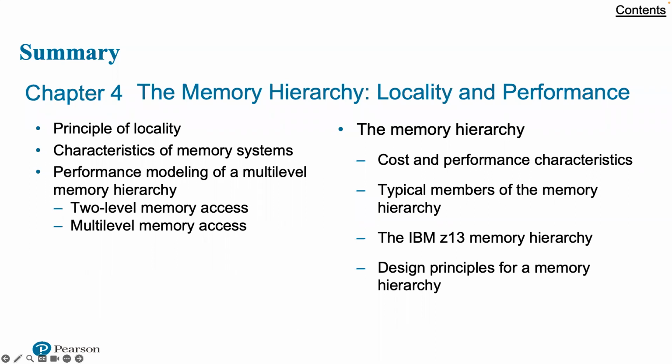Then we got into more details about the memory hierarchy, thinking about the cost and performance characteristics and how we will go about making a decision for a specific implementation. We talked about typical members of the memory hierarchy. We went into details about the IBM z13 memory hierarchy and what they did with their implementation. And finally, we talked about the design principles for a memory hierarchy.